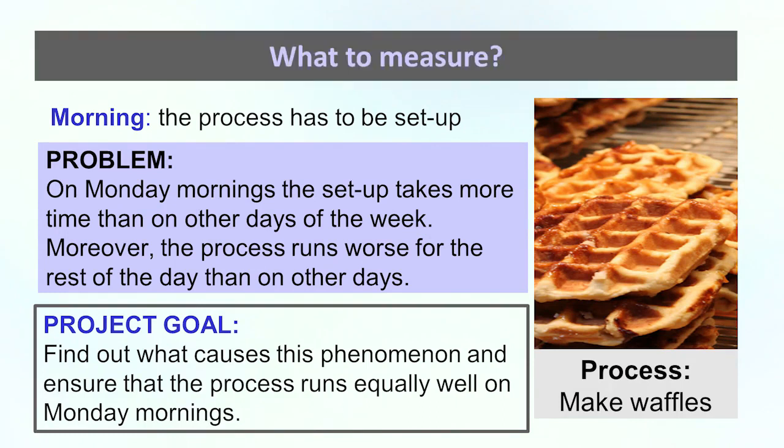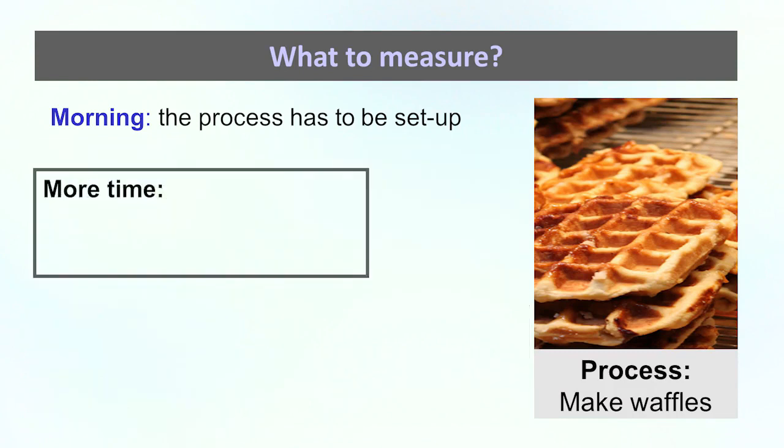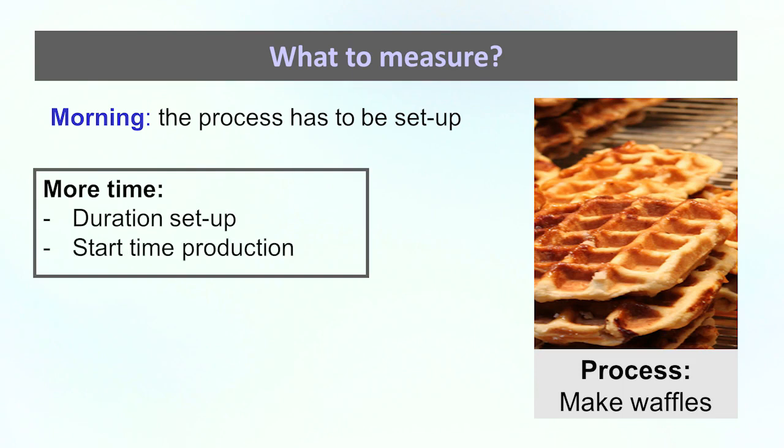So, what should you measure to find out what to improve? There are two aspects about the Monday mornings that you want to improve. The first one is that it takes more time to set up the process on Monday morning. This can, for instance, be measured by the duration of the setup and by the start time of the production.